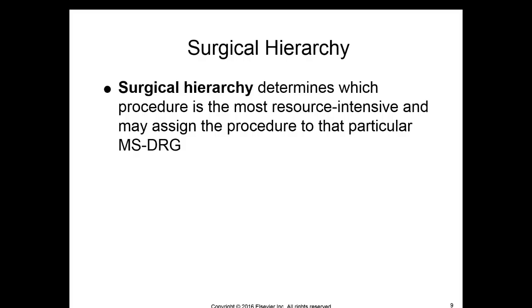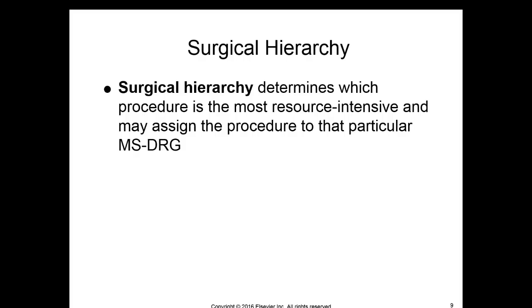The grouper takes the diagnosis codes and the procedure codes and groups them to an MS-DRG. It also knows how to sequence the procedures. If I listed a breast biopsy first and then the mastectomy for a patient with breast cancer, the grouper would regroup it, putting the mastectomy first and the breast biopsy second.